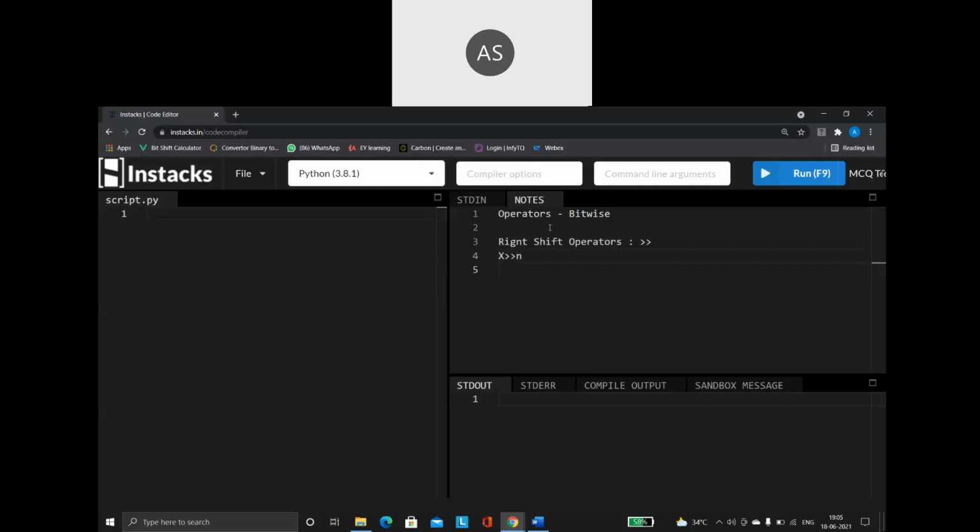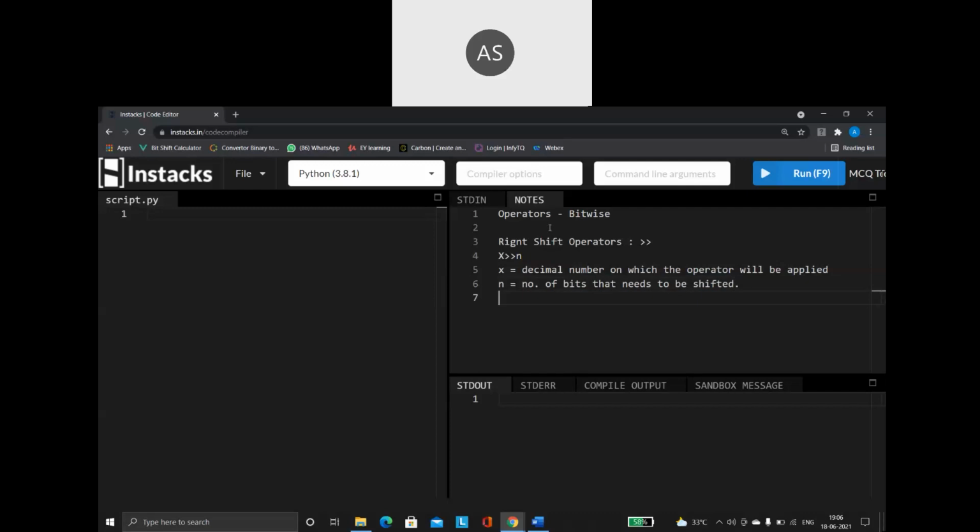And n denotes the number of bits that needs to be shifted.